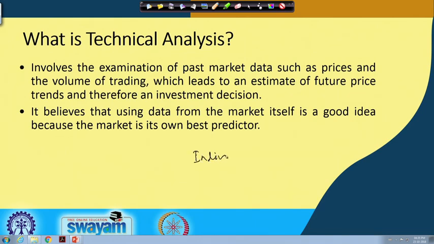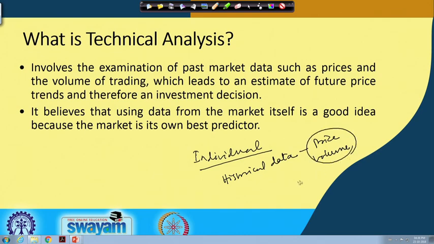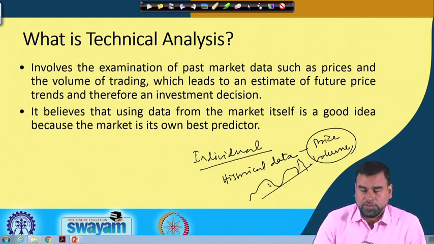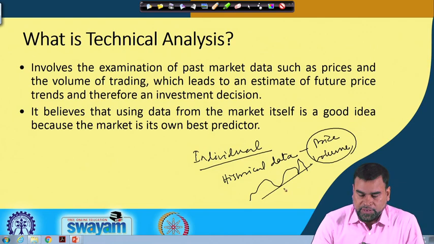That individual asset's historical data we consider, and this historical data we analyze, particularly the price data and volume data, and by analyzing this we try to find out certain kinds of trends or features or characteristics about this data, and using those characteristics we can decide whether we should buy that particular asset or sell it.